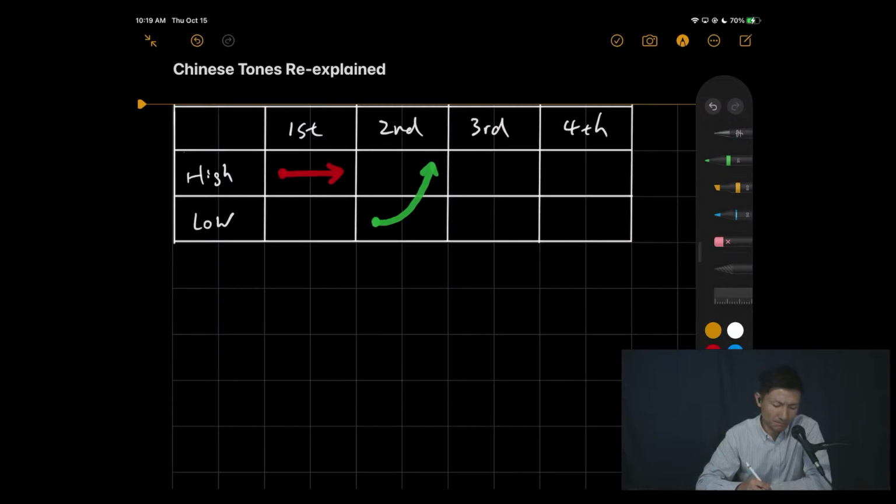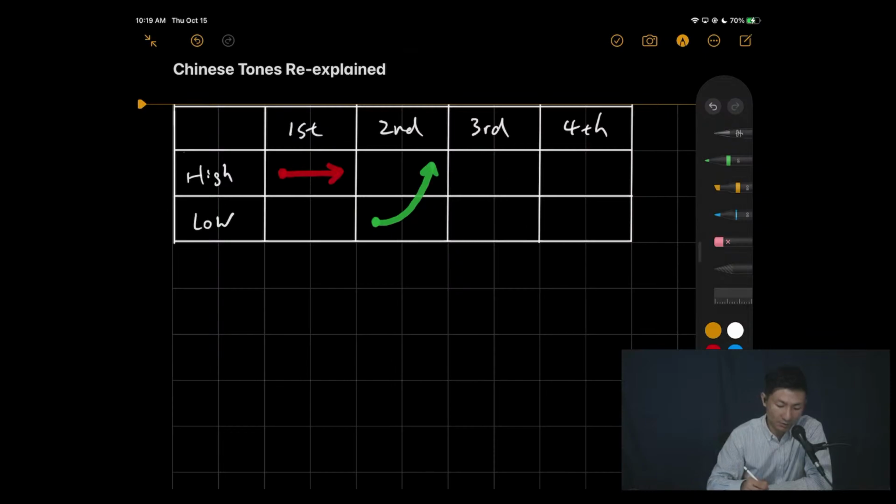I noticed that in order to establish that you are starting at a low point, usually you spend a little bit more time in the low frequency domain, just so that people can hear it started from low frequency, low pitch, and then it's going up.